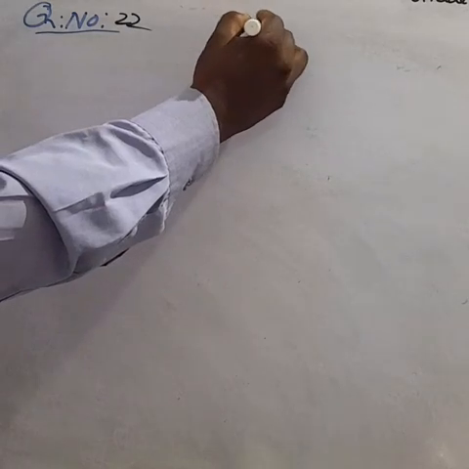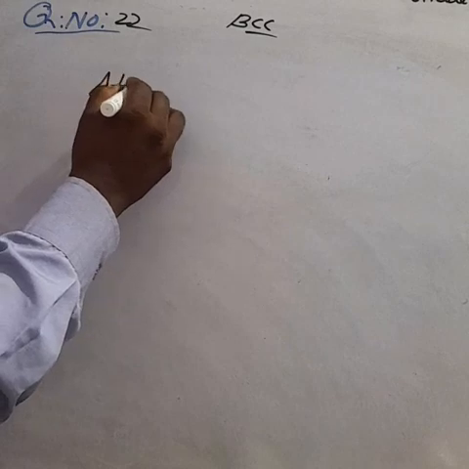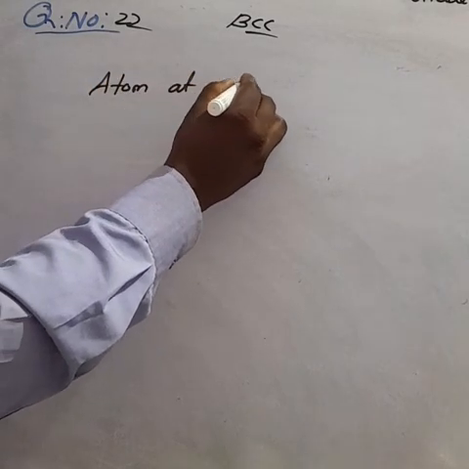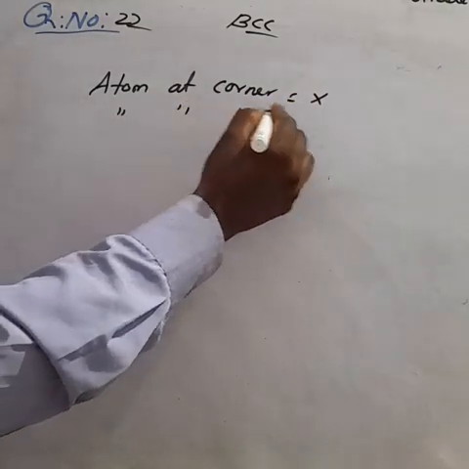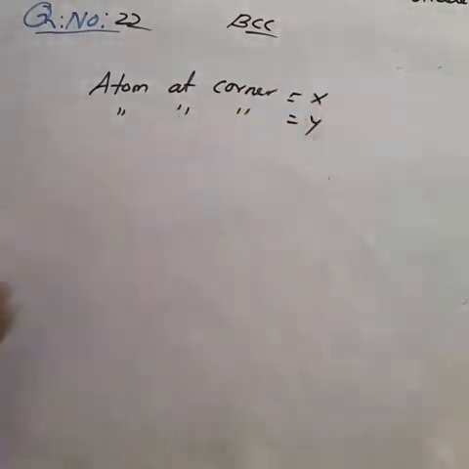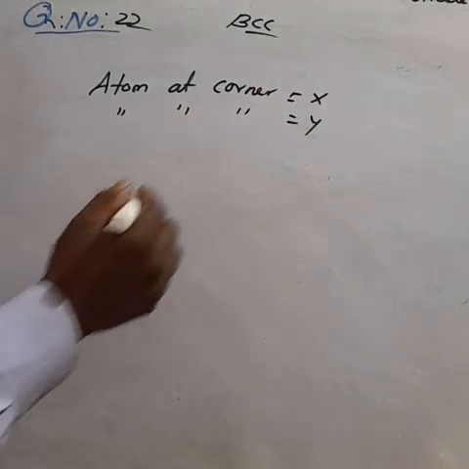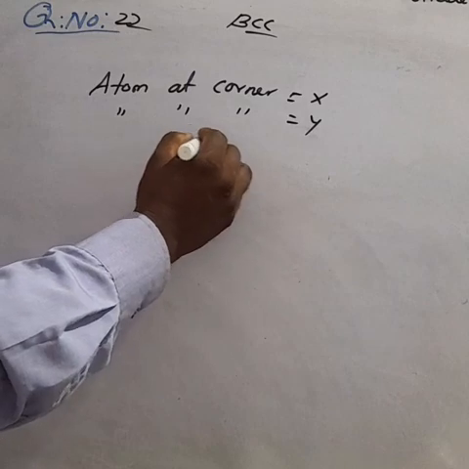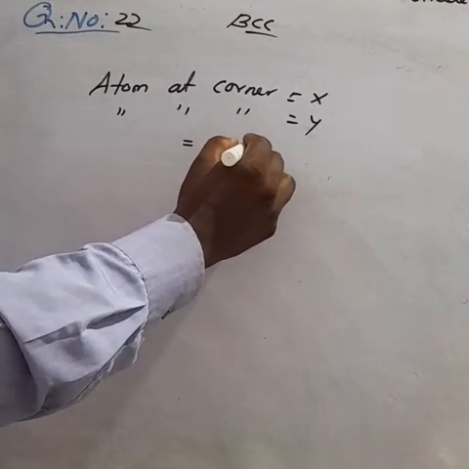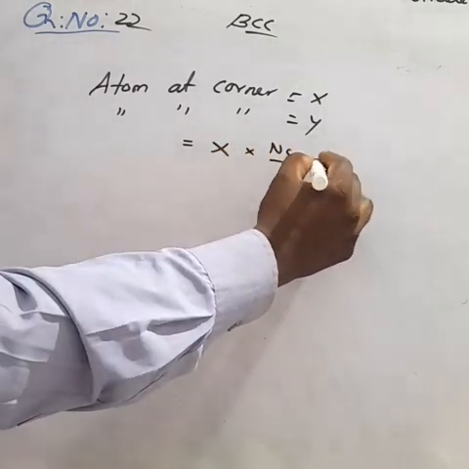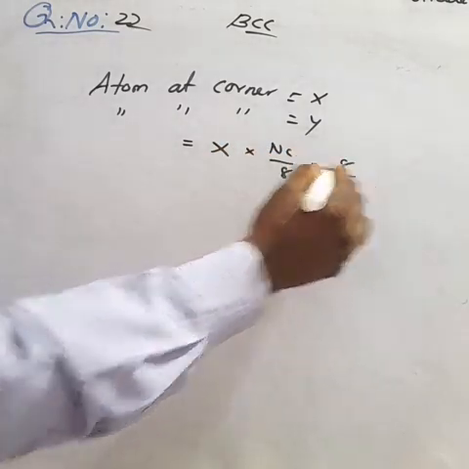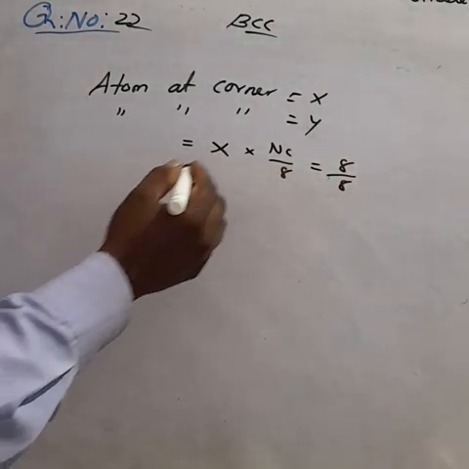The atoms at the corner are X, and the atom in the body is Y. Number of atoms present at the corner is X into NC divided by 8, that is X into 8 by 8.